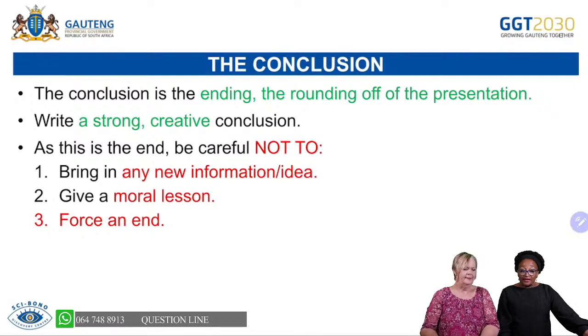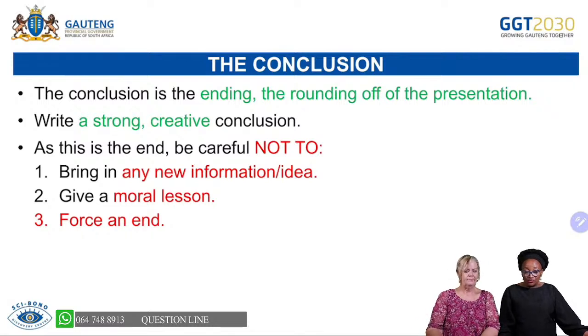What are they? Let's have a look at those. As this is the end, you've got to be very careful not to do the following. You don't have to bring any new information or idea in your conclusion. You also don't have to give a moral lesson. Neither do you have to force an end.